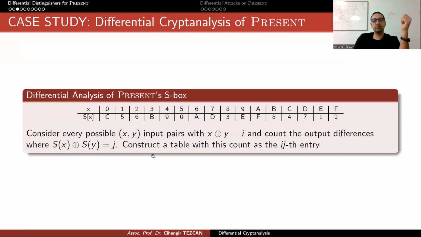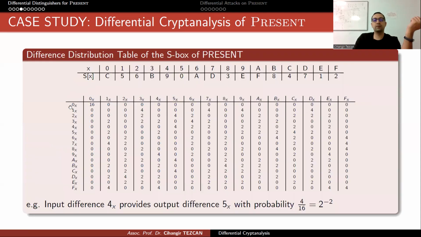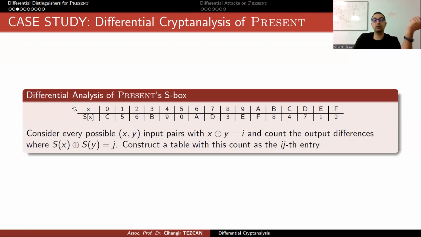So after you perform these operations, if you choose X equals Y, then S(X) XOR S(X) will be 0, right? So you can take X with 16 different values. So this will mean that if you choose the input difference I equal to 0, you will always observe 0.